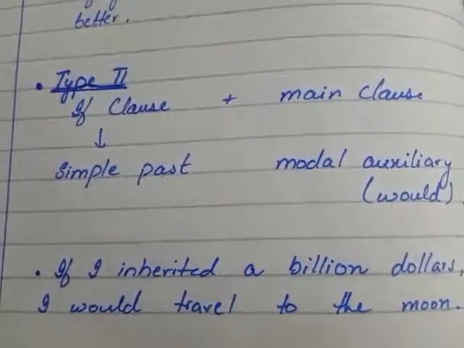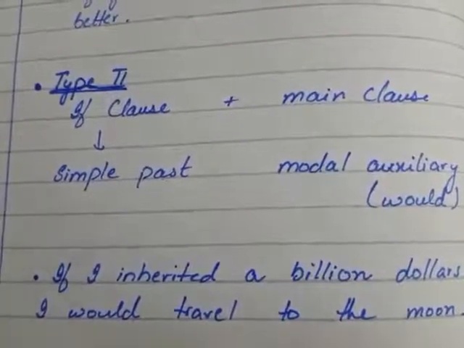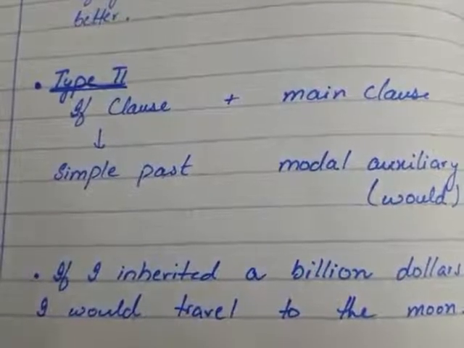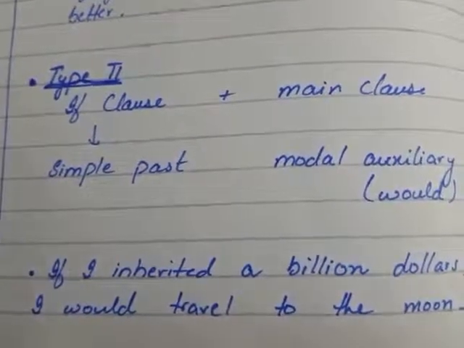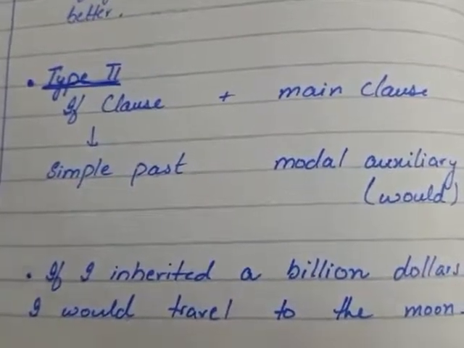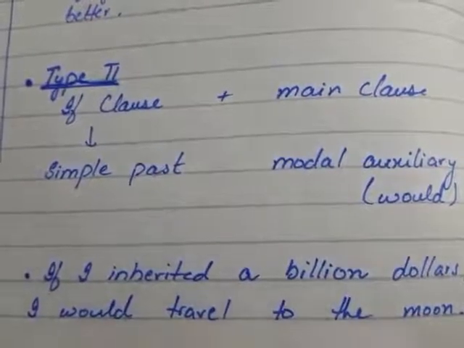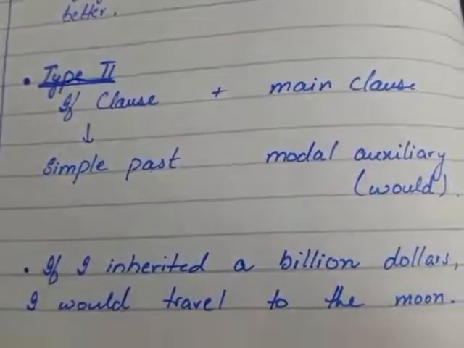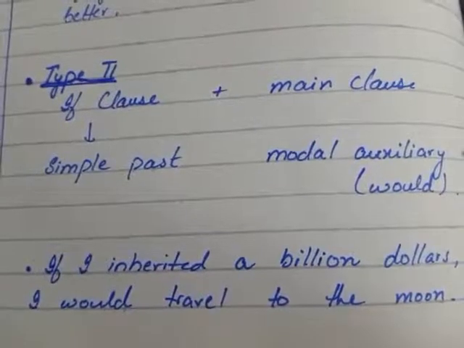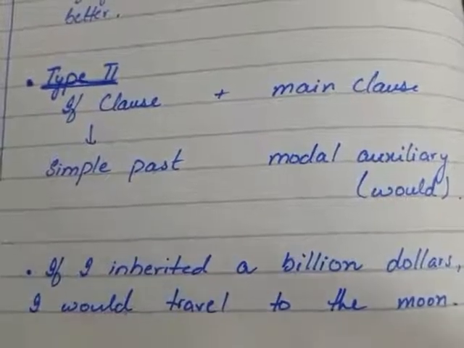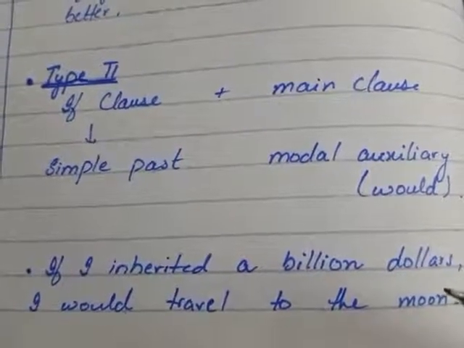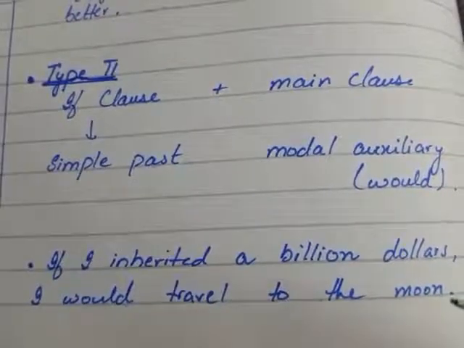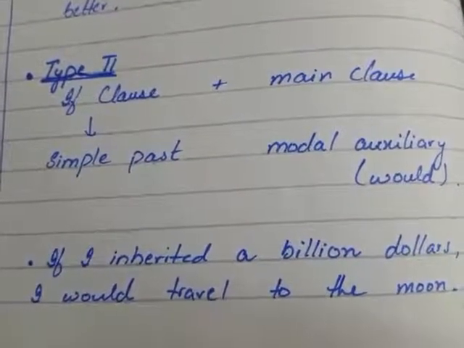Now, if I were you, this is not possible, and it is unrealistic to be someone who already is. So this type of a sentence is used to express the outcomes that are completely unrealistic or that are not likely to happen in future.